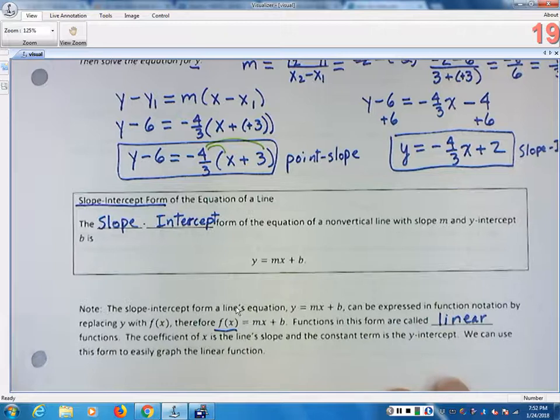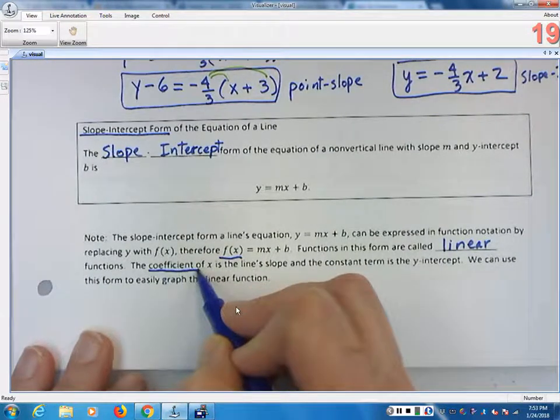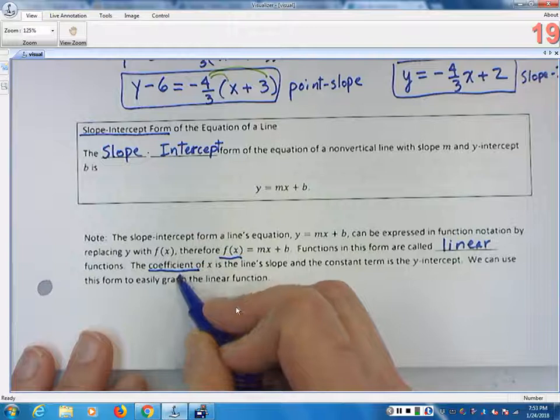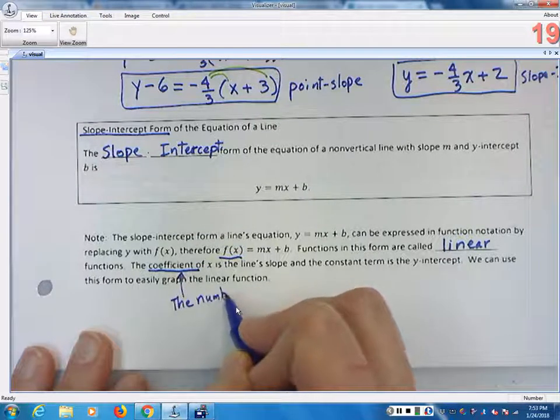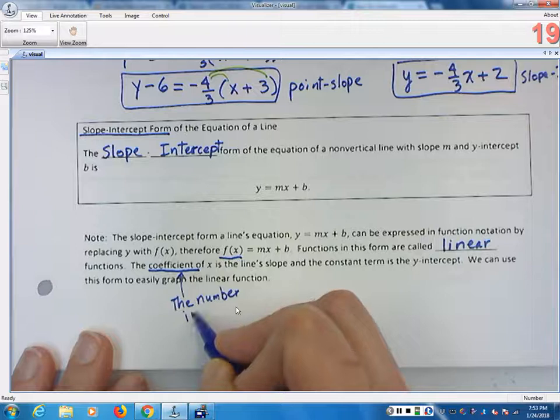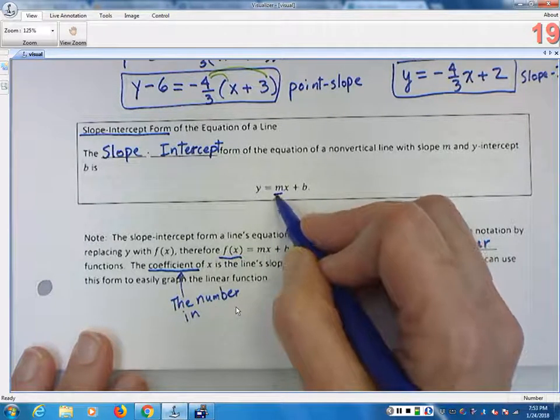And in case people didn't know all these big words, the coefficient of x is the number in front of the x. That's the m. That's the slope.